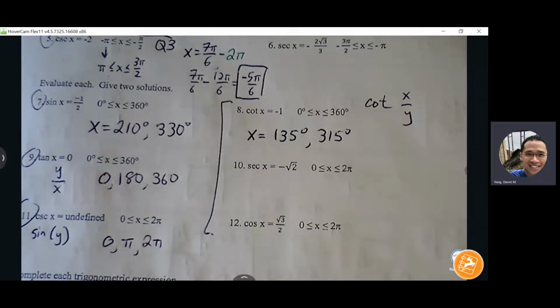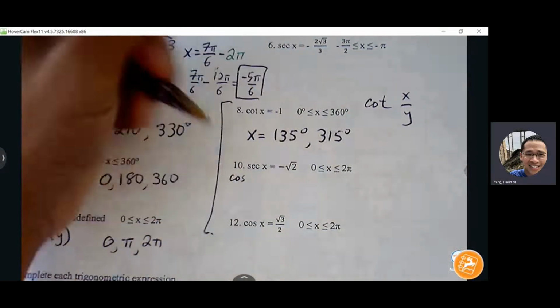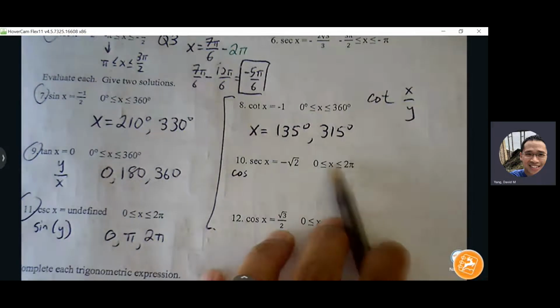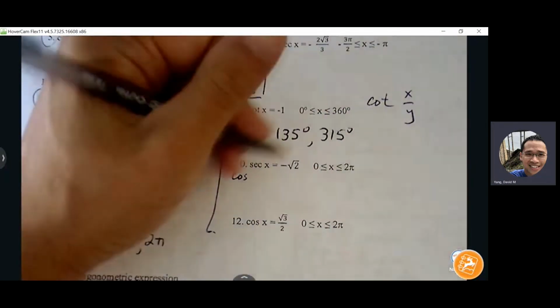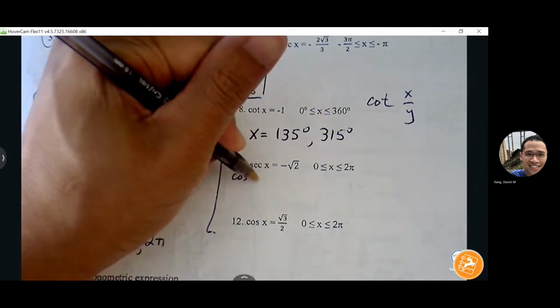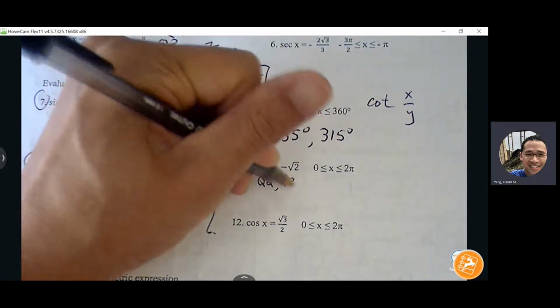Okay, secant equals -√2. Secant is related to cosine. So we're looking to flip cosine to get √2. Now where's cosine or secant going to be negative? Quadrant 2 and 3.